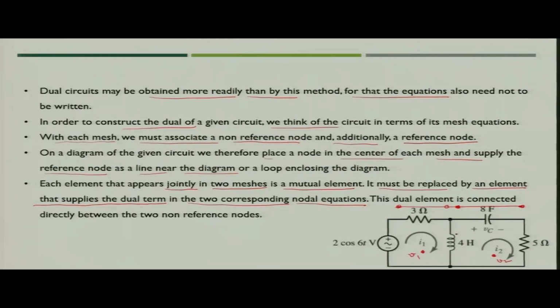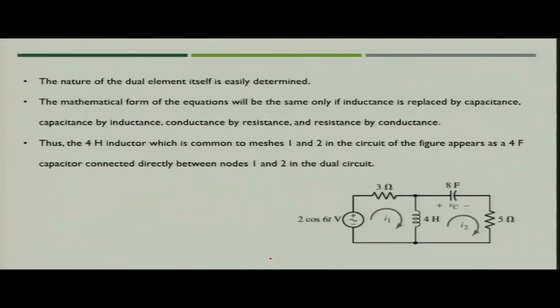The dual of this is capacitance. Since it is connected between two meshes, in the nodal case it will be connected between two nodes. So, you can simply connect these two nodes through one capacitor. Now, what next?